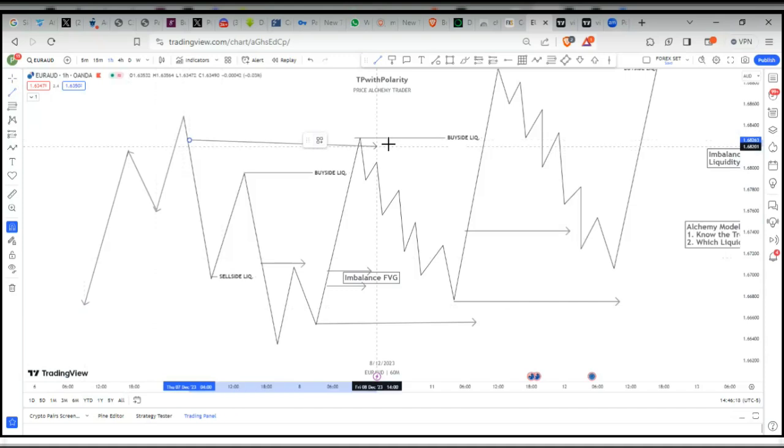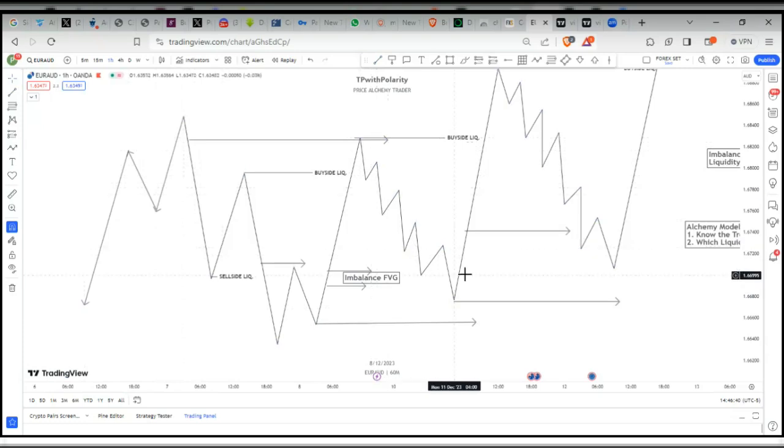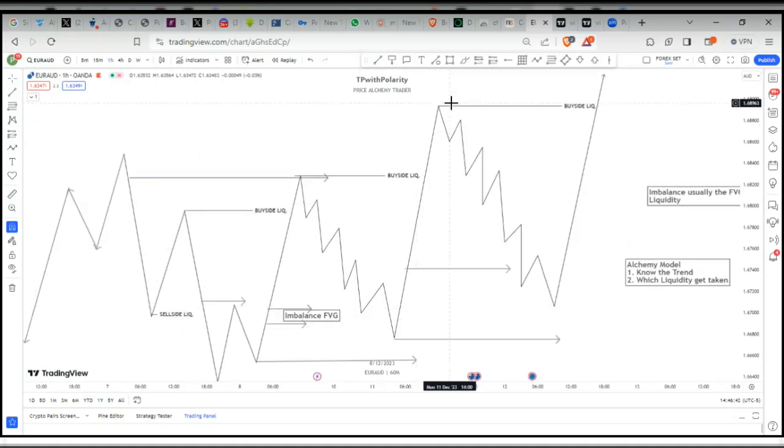I'll be looking for shorts in this kind of trade. If I have a confluence giving me a confirmation that the market is going to want to sell, I'll be looking for a sell right into this POI, taking out this liquidity and this liquidity.